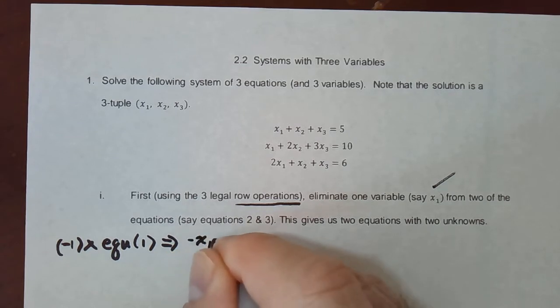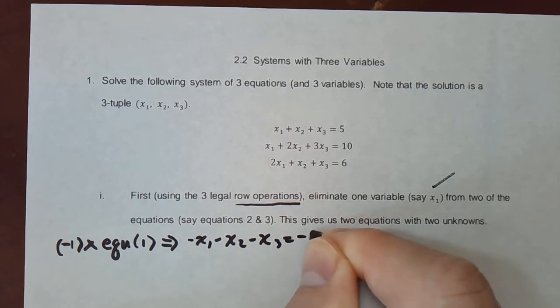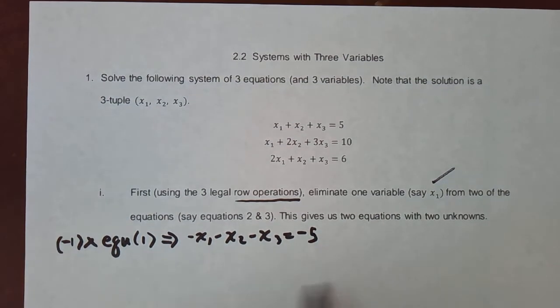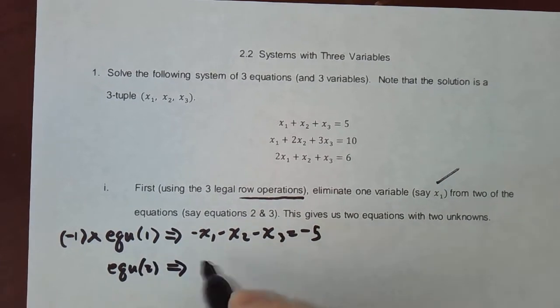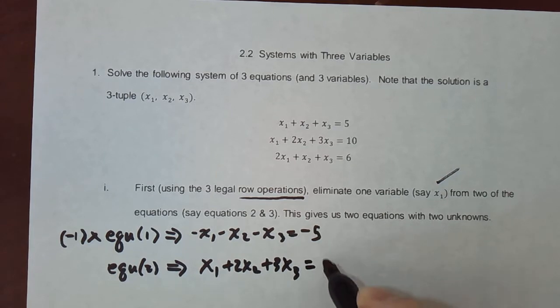Negative x1 minus x2 minus x3 equals -5. Underneath that, I'm just going to write equation 2 with no change: x1 plus 2x2 plus 3x3 equals 10.